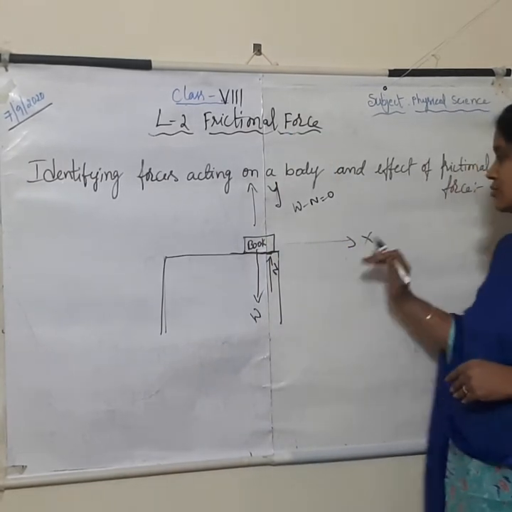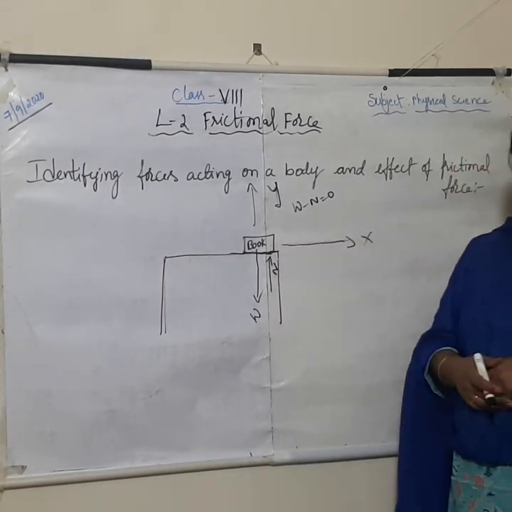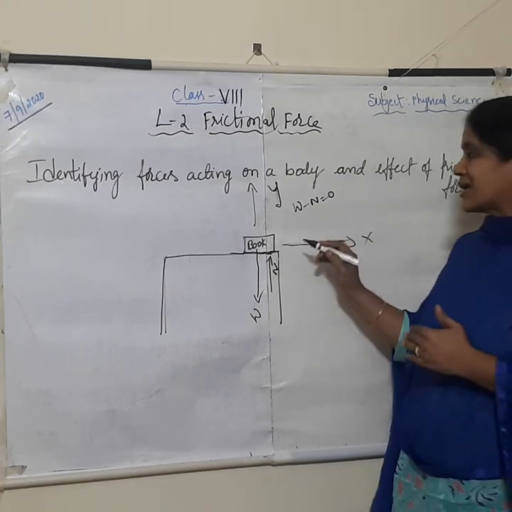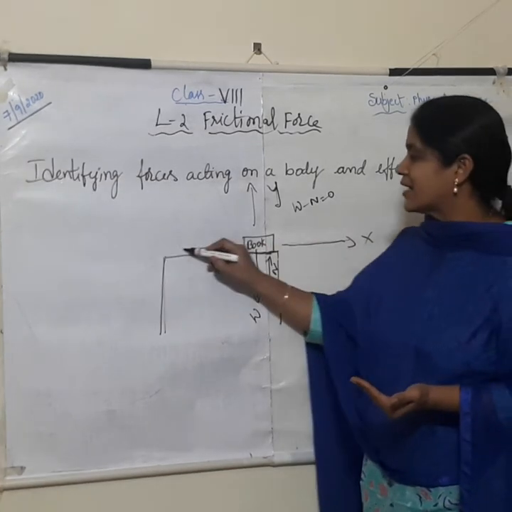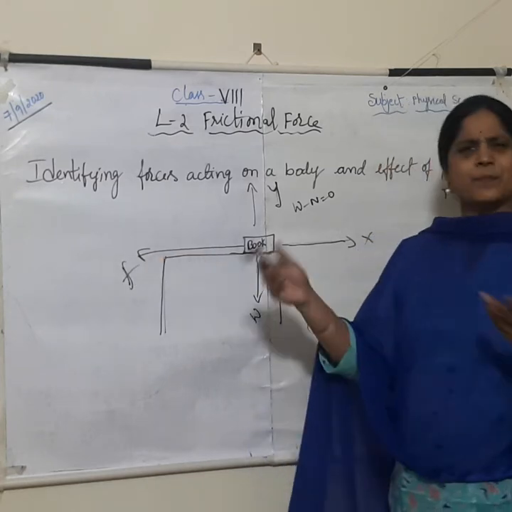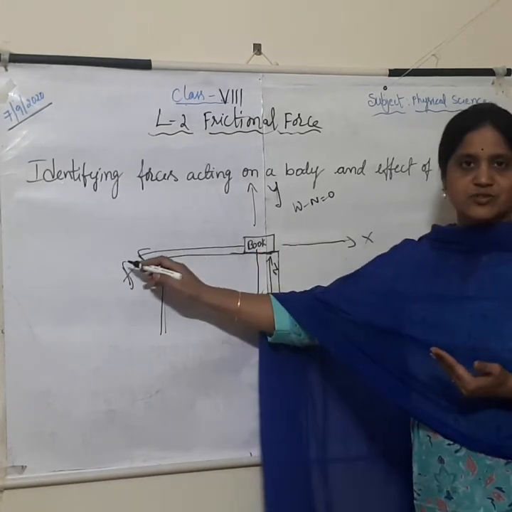Now coming to the x-axis. Along the x-axis, you apply some force on the book to push it. That applied force, F, capital F or small f, you can take any, acts along this direction.